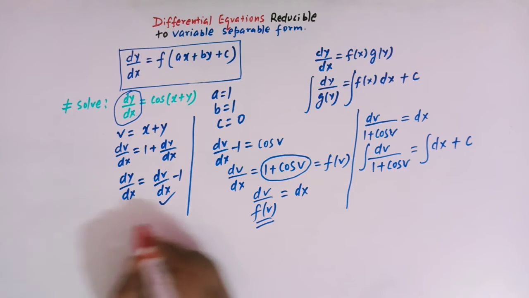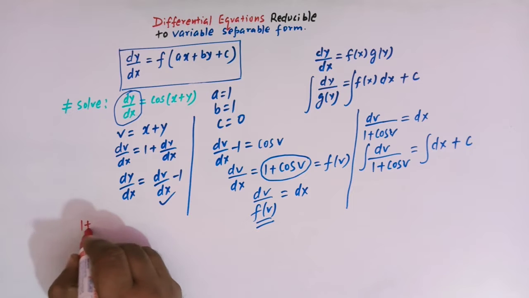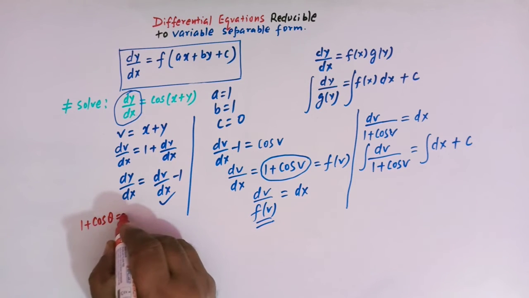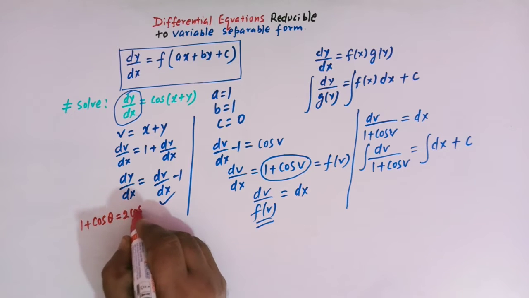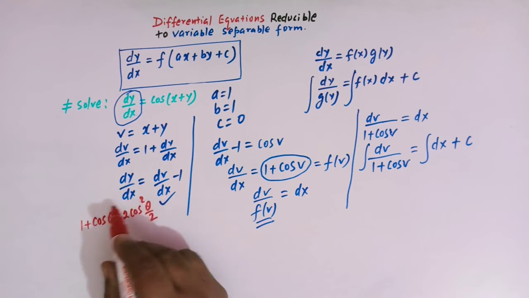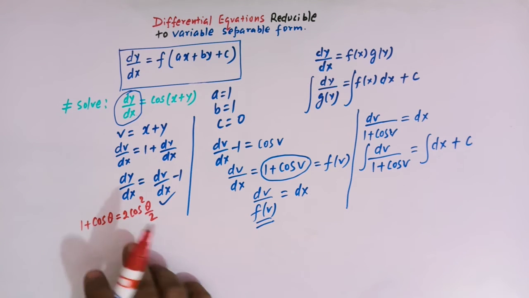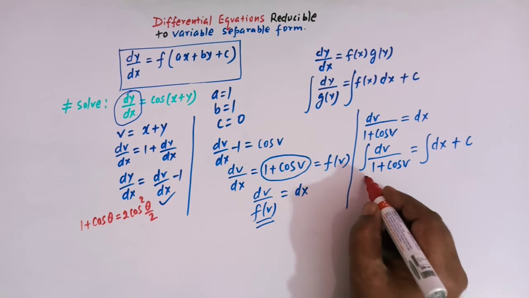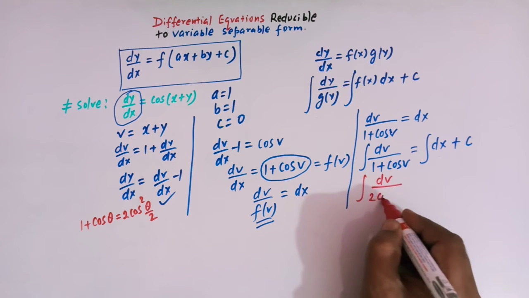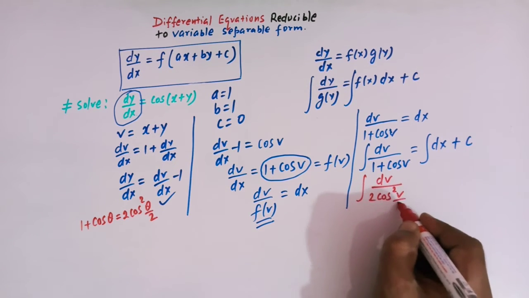Here we'll make use of trigonometric identities. 1 plus cos theta is equal to 2 times cos square theta over 2. Here we'll use the half angle formula. So 1 plus cos of v is equal to 2 times cos square v over 2.